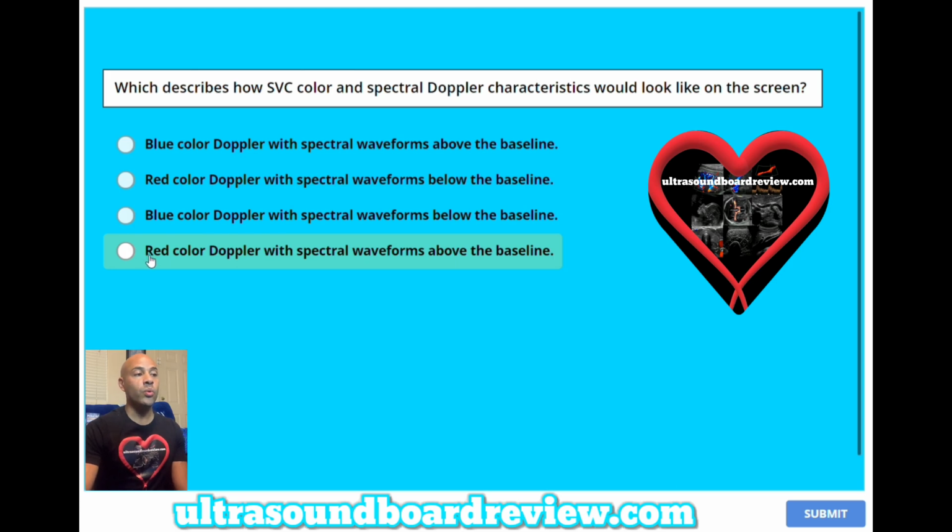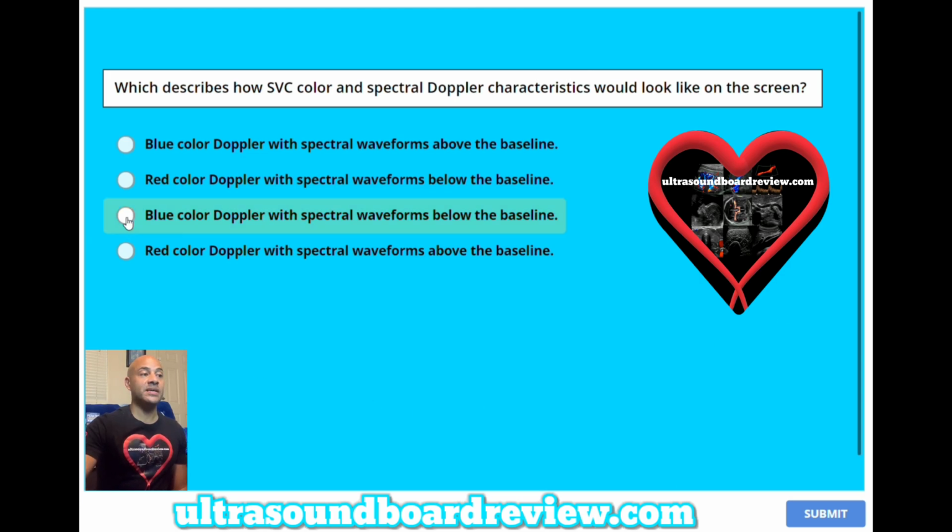Or is it D. Red colored Doppler with spectral waveforms above the baseline? The answer is C. Blue colored Doppler with spectral waveforms below the baseline.